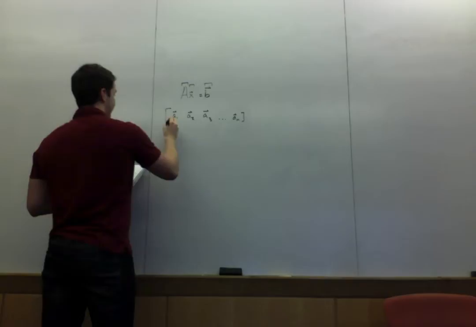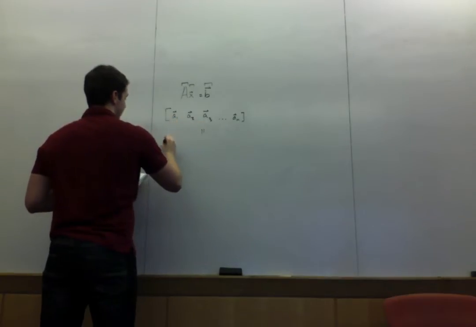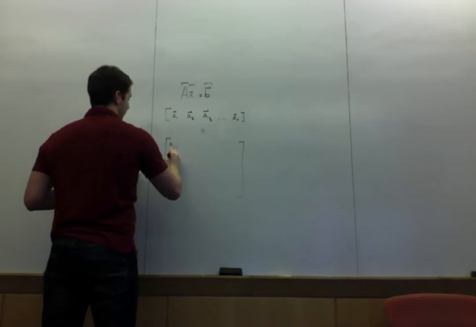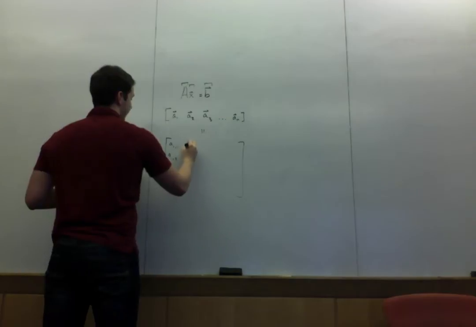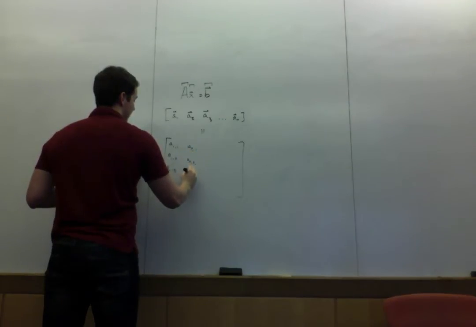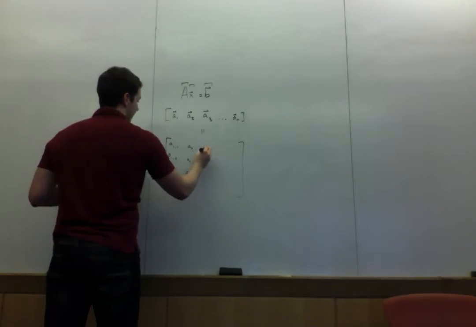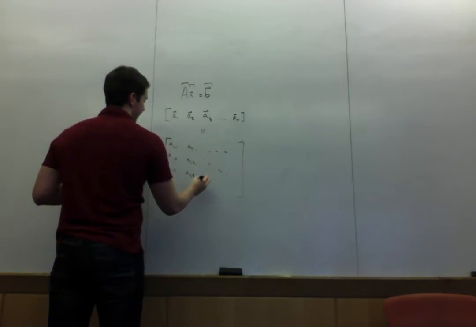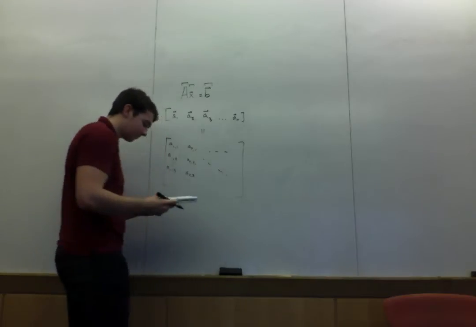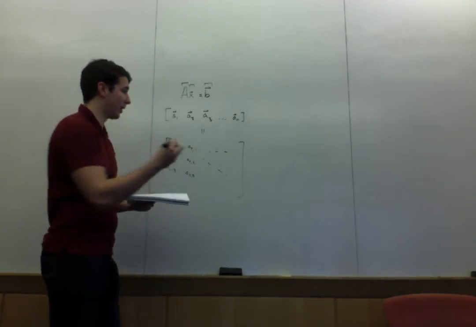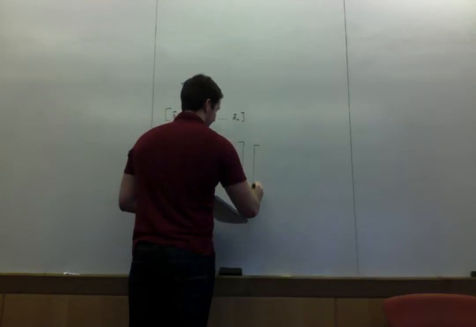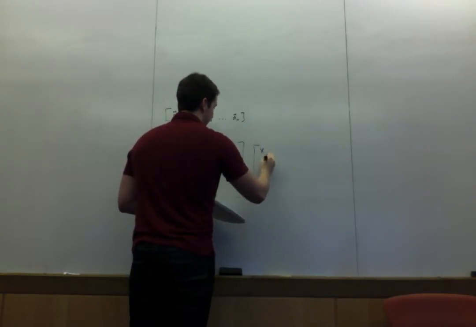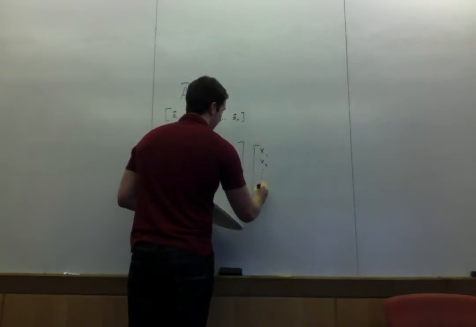So what we get is the same as, say, A11, A12, A13, A21, A22, A23, etc. And then our x vector is simply a column vector x1, x2, up through xn.